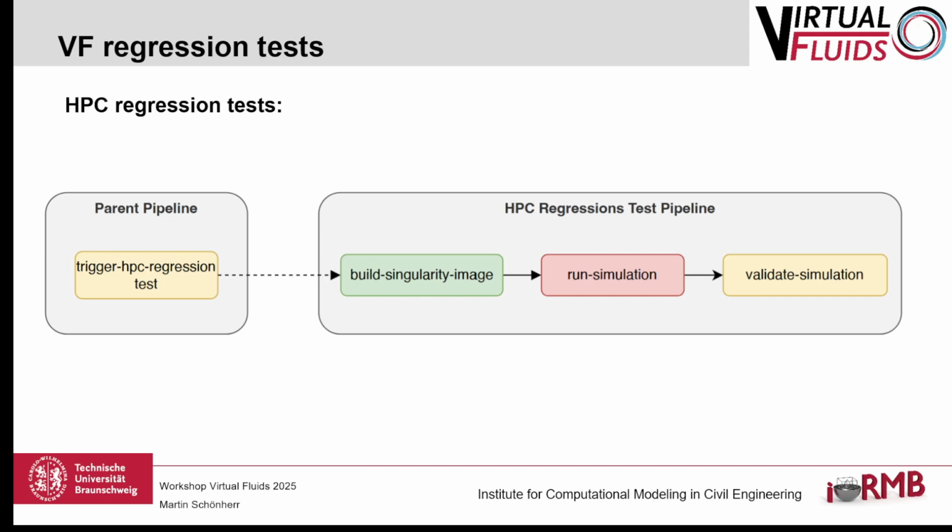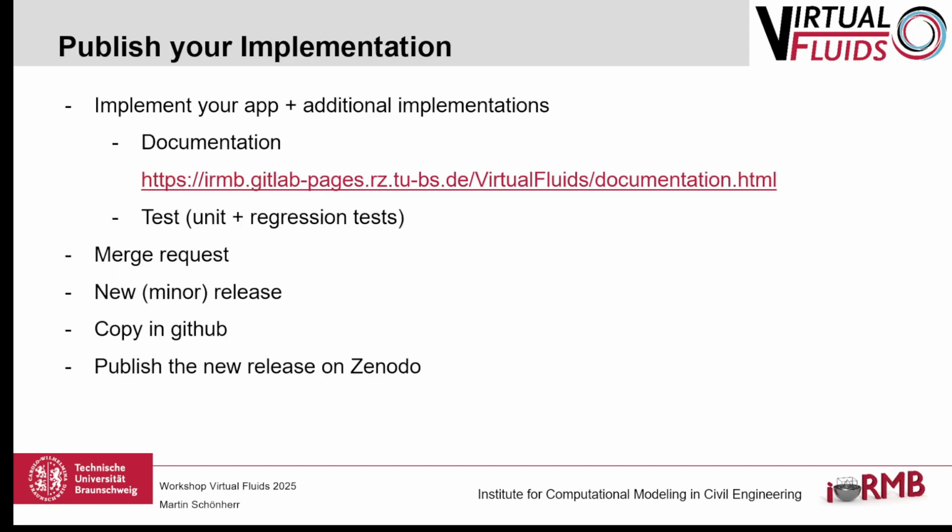So the publishing. Let's say you have implemented a new app, maybe some additional implementation. Then you can look into the documentation where we wrote it too. You have to implement some tests, maybe unit tests. I'm a civil engineer, so I always find it hard to implement unit tests.